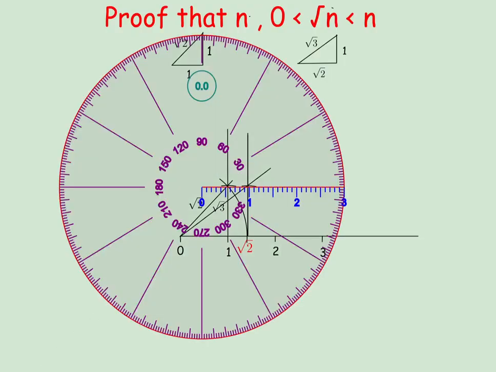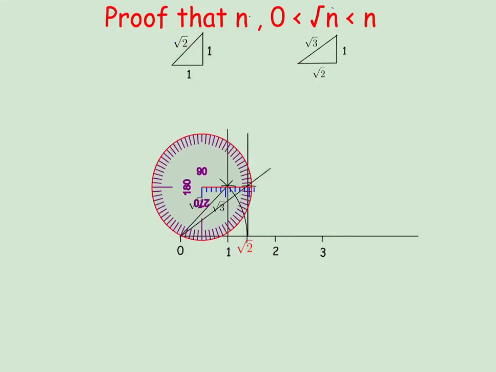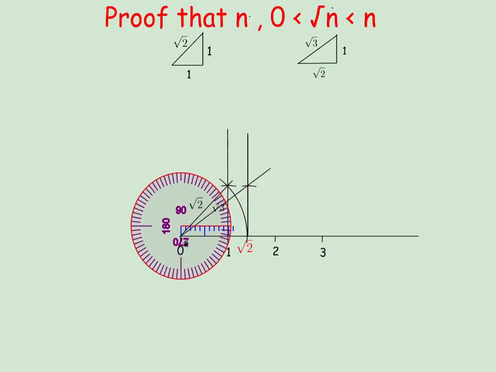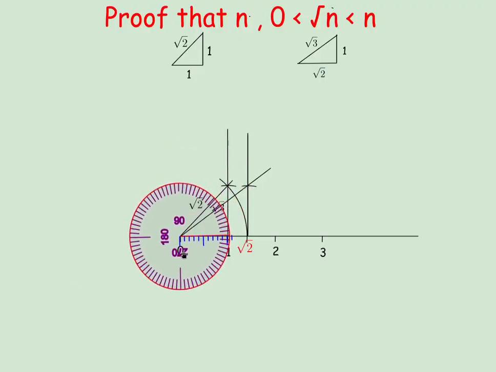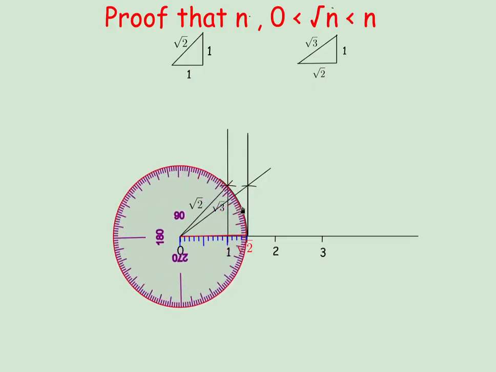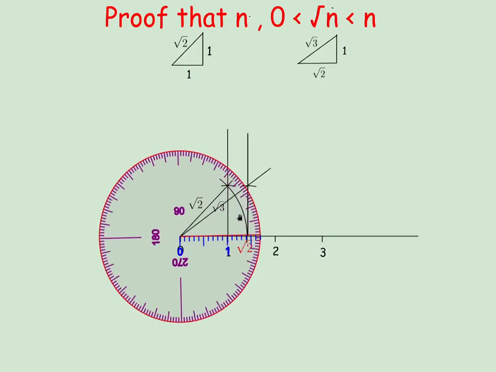You see? So I'll take my compass once again and then make the pin start at 0 and open my compass such that it touches this point of intersection. So I'm going to open that slowly, and as you can see, it has touched my point of intersection.